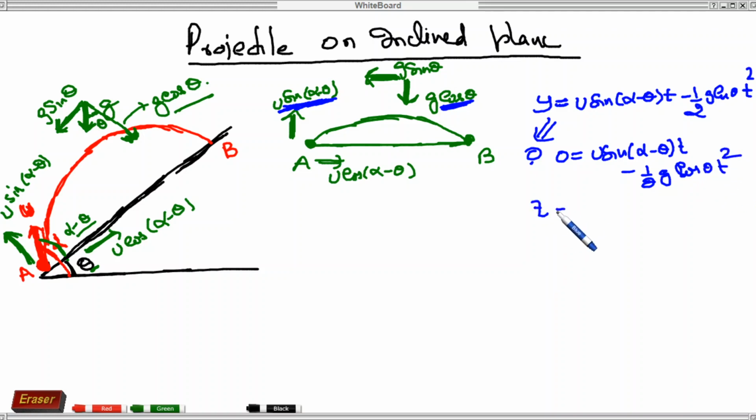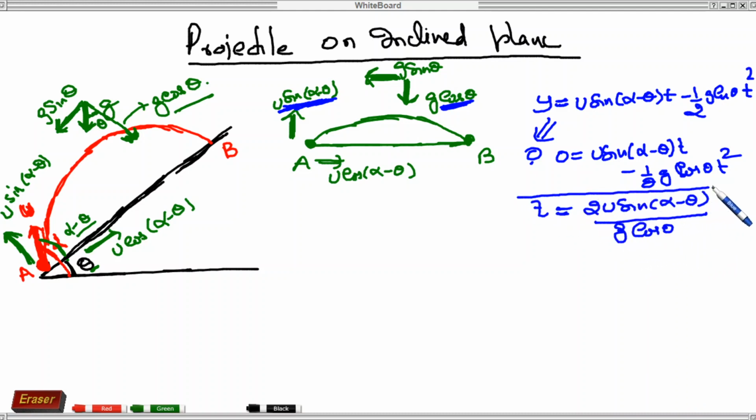So 0 equals u sin(alpha minus theta) t minus half g cos theta t square, and t will be 2u sin(alpha minus theta) over g cos theta. This is the time of flight, the time taken by the ball to reach from A to B.